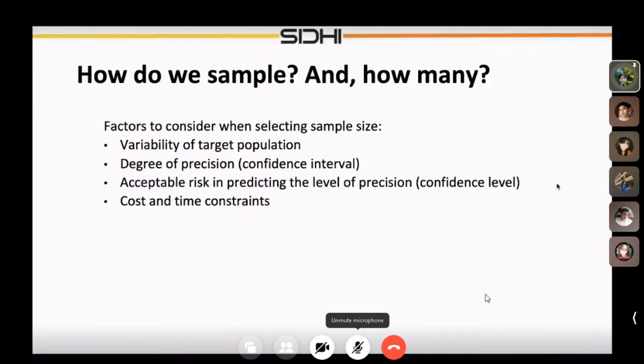Next is acceptable risk in predicting the level of precision. There is this level of confidence that comes with the confidence interval that you're computing. So let's say if you replicate your experiment 100 times, 95% of the time the effectivity would be between 80 to 90%.